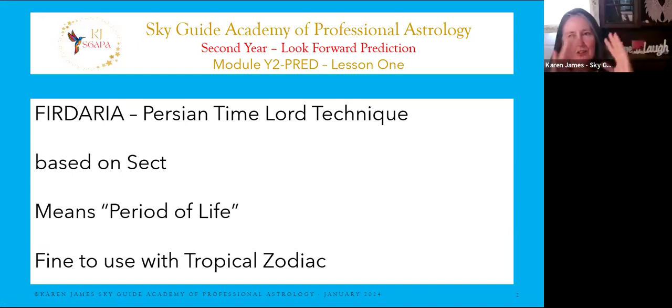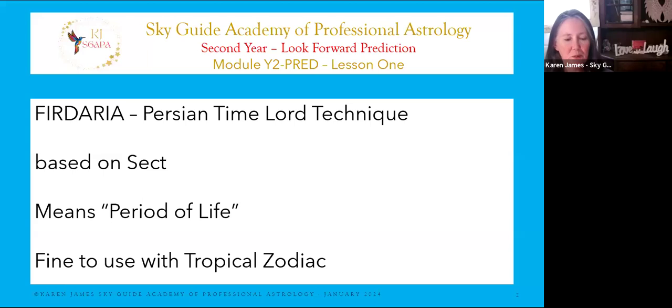That's how I tend to do it, so that we slowly zoom in on periods that are active. For our first lesson, we're going to start with some of these broad themes and look at how to operate them. I'll also hop out of the slideshow and go into Solar Fire and show you what I use and so on.